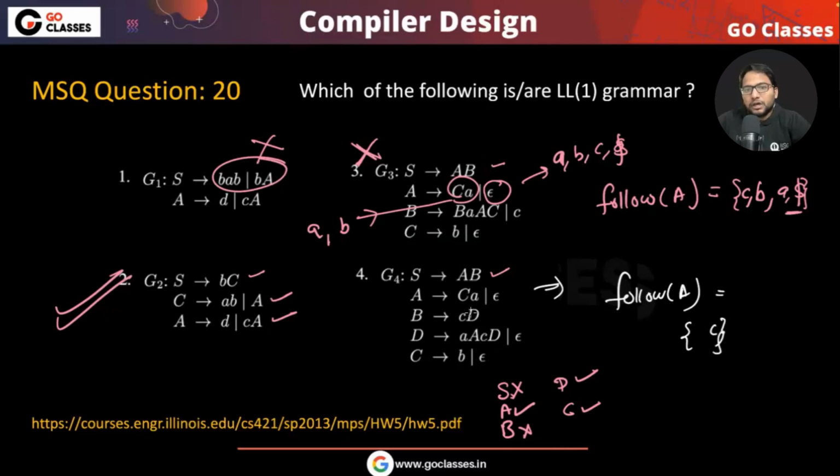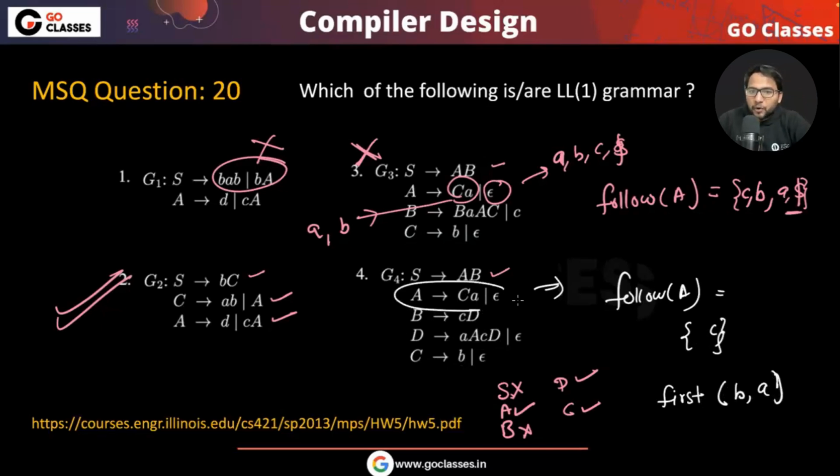Okay, small c only. So this will go to small c. Now, can you tell me first of capital C? Small b and dollar, right? So this will go to first of capital C and A. So first of capital C is B and it will go to A and B.